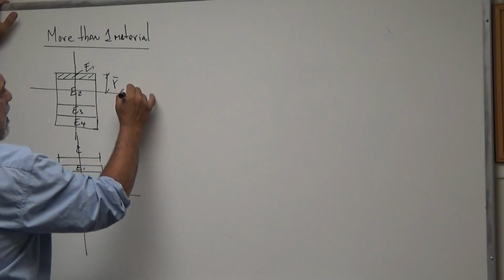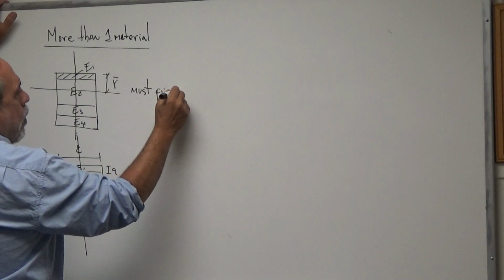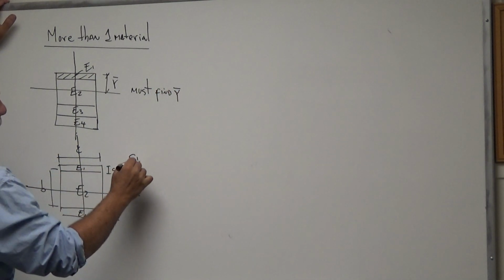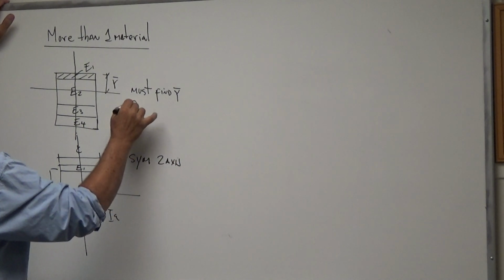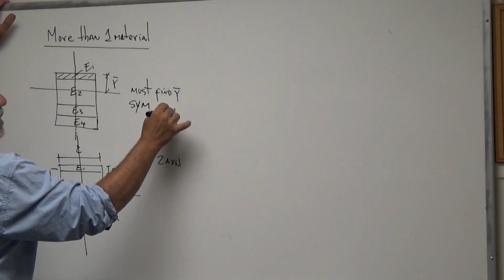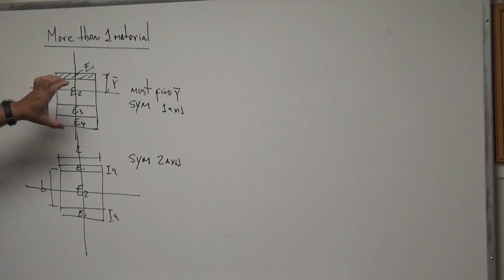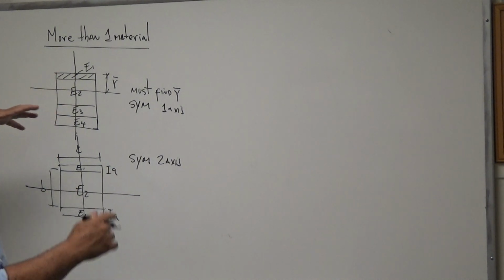So we must find y bar, because it's non-symmetric. Symmetric, two axes. Symmetric, one axis.